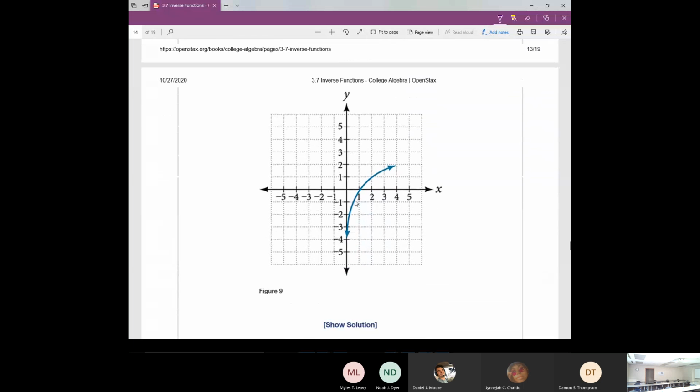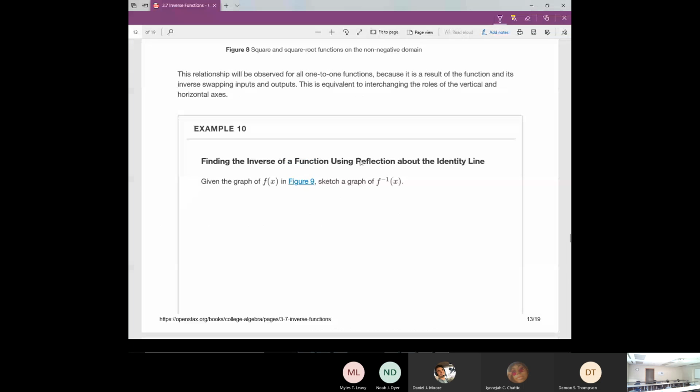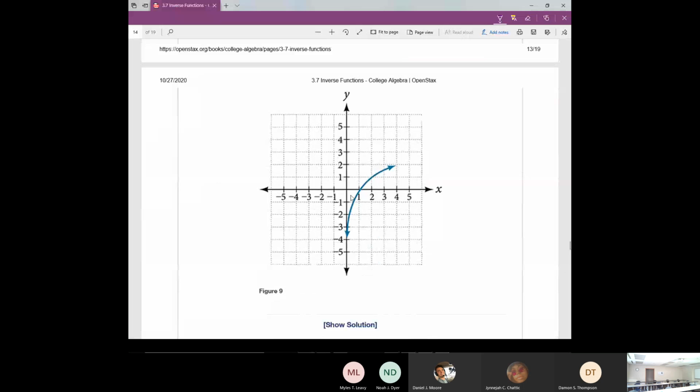So here's an example. I have a function. They didn't even give me the actual mathematical formula. They just show me graphically what my function is. Well, just think of putting a mirror right here on the diagonal line, and I know the mirror of that is that.